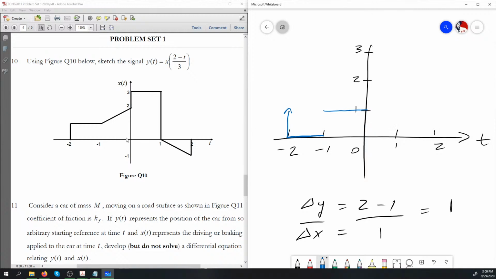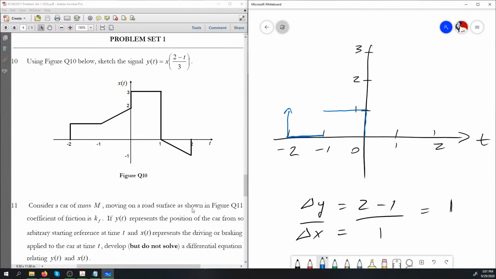Now, at t equals 0 here, we have a change from 2 to 3. This change is a positive change. Meaning, because we have a positive change here, we need to draw a positive impulse with a magnitude of 1 at t equals 0.